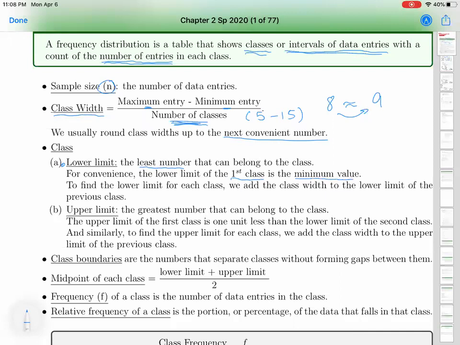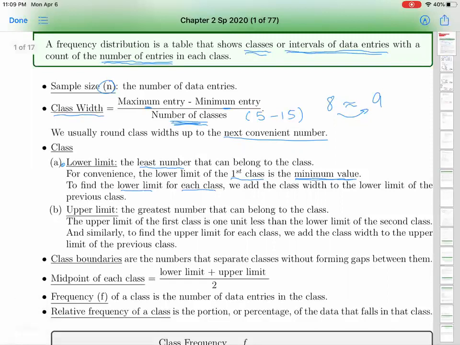Then in order to find the lower limit for each class, we add the class width to the lower limit of the previous class. For example, the lower limit of the second class would be equal to the minimum value plus the class width.